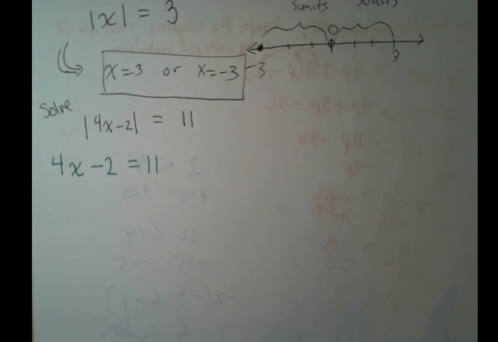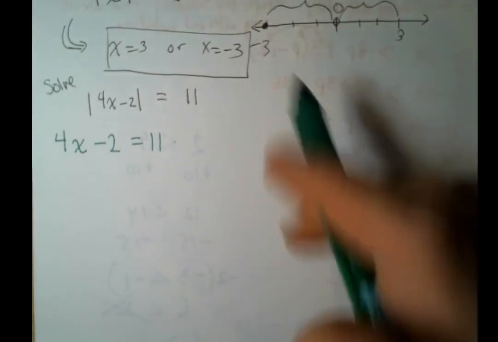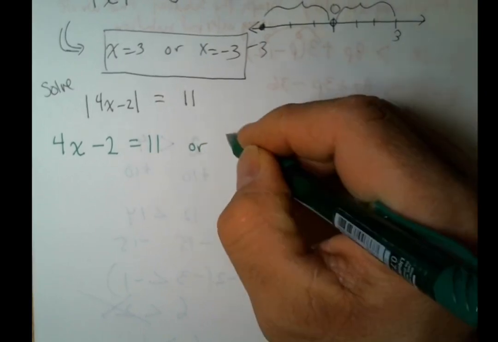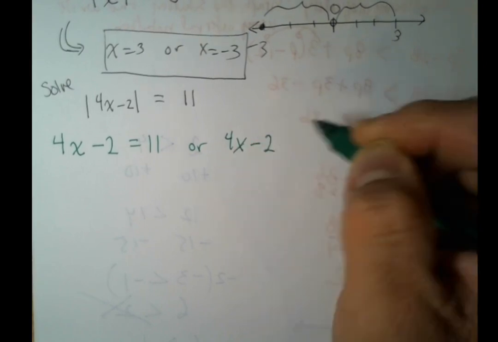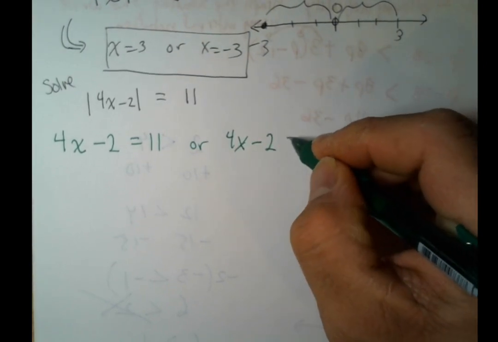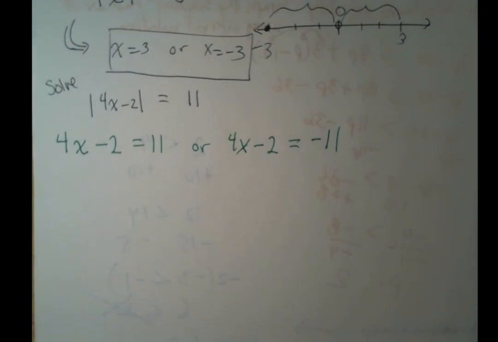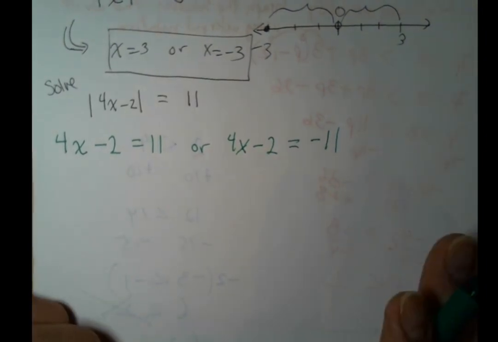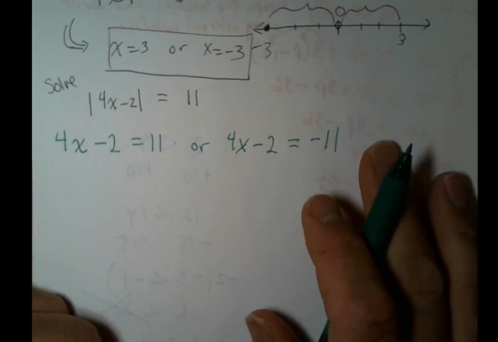The second one, similar to what we have here, would be an or, so it's going to be two solutions: 4x minus 2 equals negative 11. So drop the absolute value, but in this case, make the value on the right of the equal sign a negative.